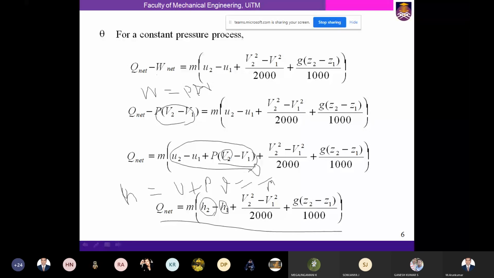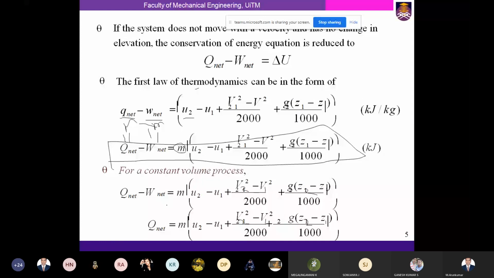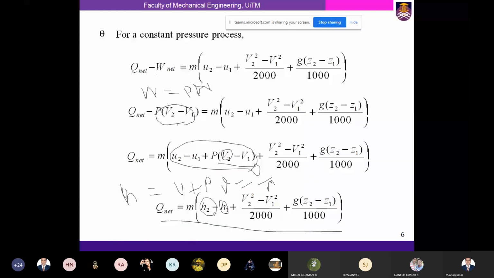In addition, we can reorder the energy equation for constant pressure process and constant volume process, because we don't have work done in the constant volume process. For constant pressure process, we have work, but in the form of enthalpy.